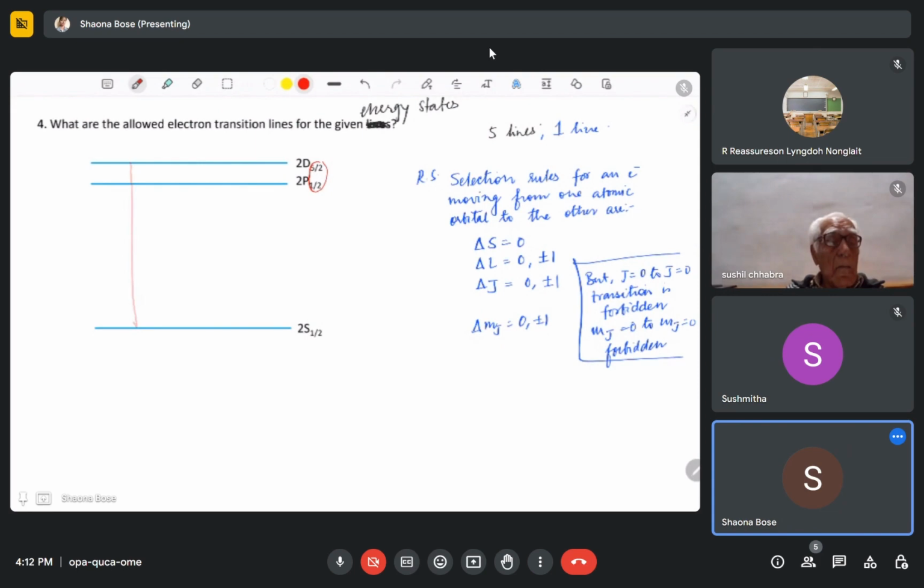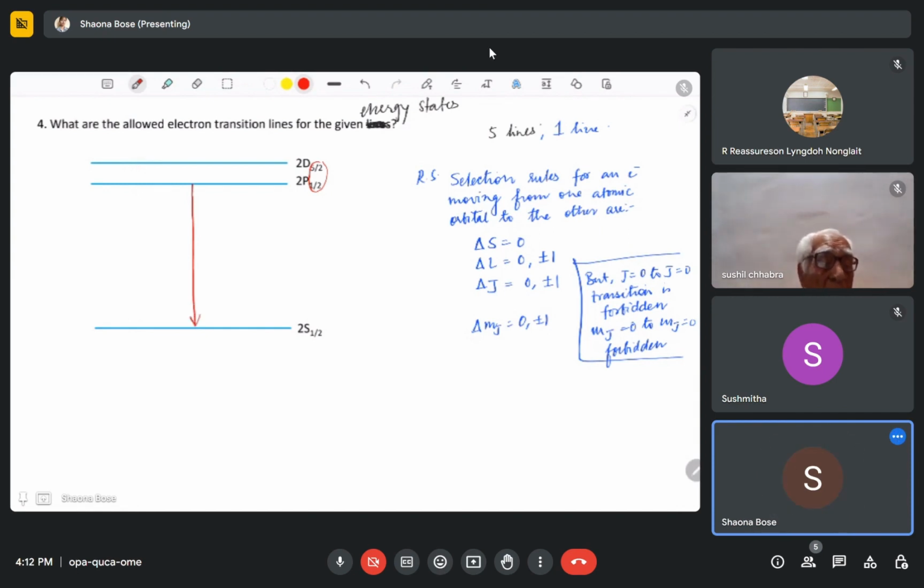Then what about this one? Not allowed. Yes. Then that means no transition line from 2D5/2 in this system? No. According to the selection rules, no transition from 2D5/2. Then let's check 2P1/2.